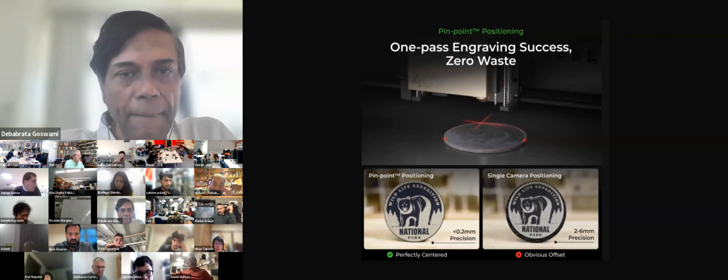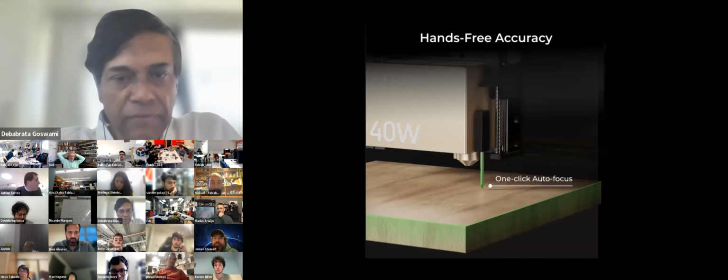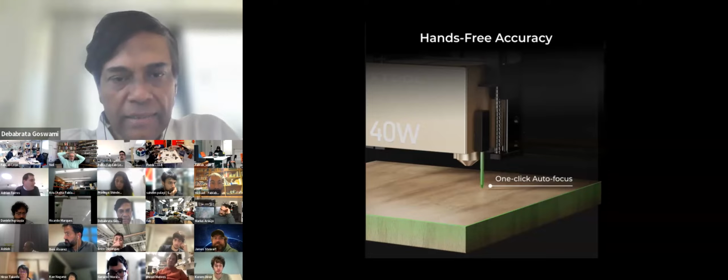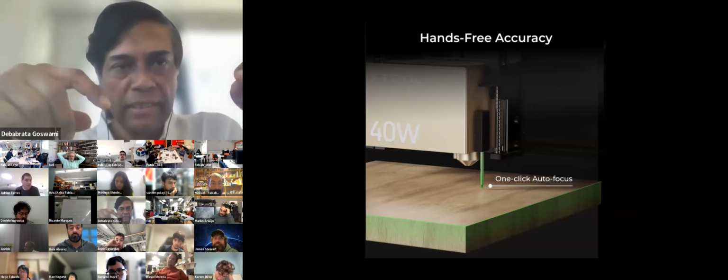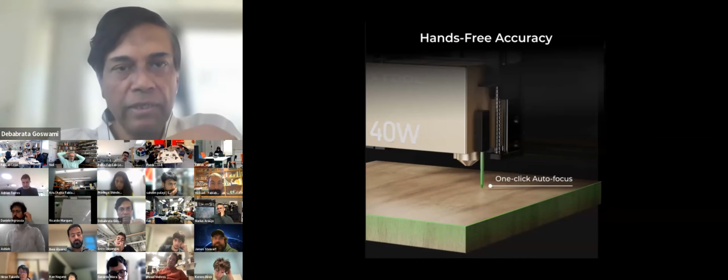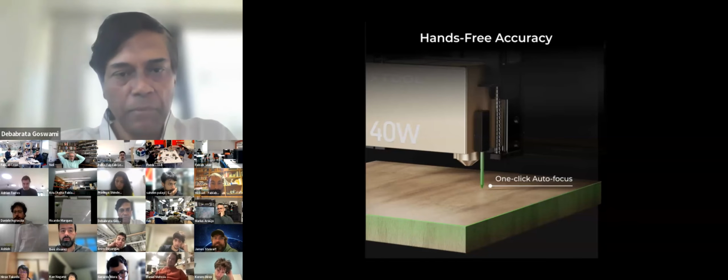Next slide, please. And the other part is the finding of the focal point, and it's done with very high accuracy. The reason why the very first slide that I showed earlier about the laser and its focusing is important is that you want to ensure that you can get your focusing done very accurately and properly. And next slide, please.